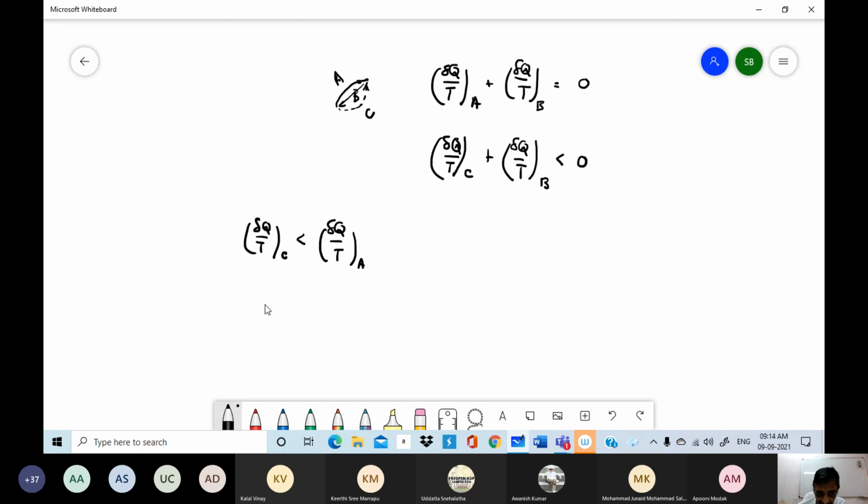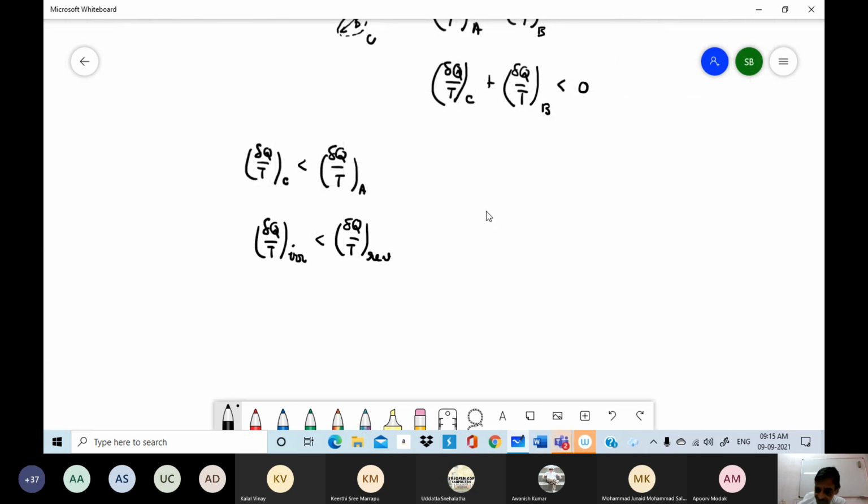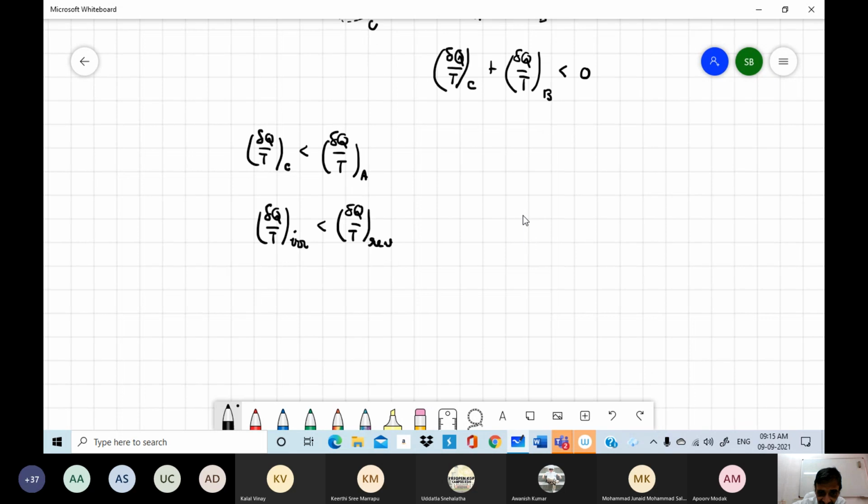So therefore I can write, now the argument was delta Q by T reversible.